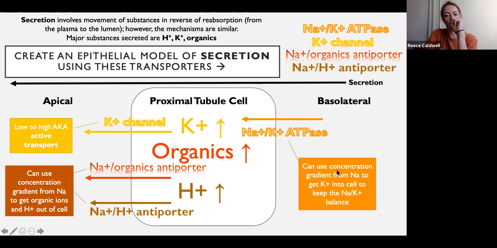I just realized there's a mistake here. This should not say can use concentration gradient from sodium, because we're moving sodium against it. It should say we'll use the breakdown of ATP to move potassium in. So make sure you know that that ATPase transporter uses the breakdown of ATP to move molecules, not an antiporter or a symporter.